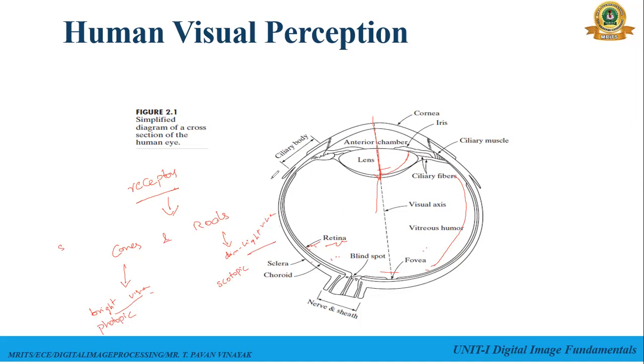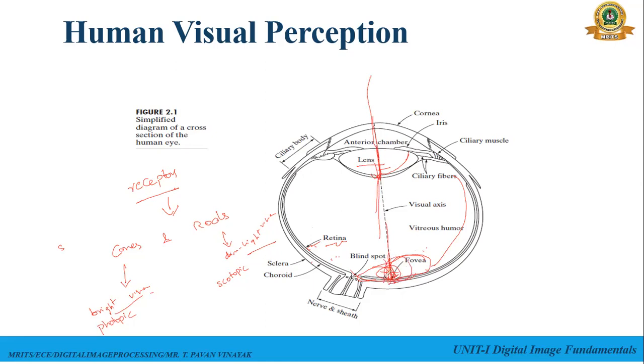The rods and cones are located mostly in this fovea region. This is the fovea region. In this fovea region only the rods and cones are available. So whatever the light intensity focused on the lens gets reflected on the retina and mostly on the fovea region.